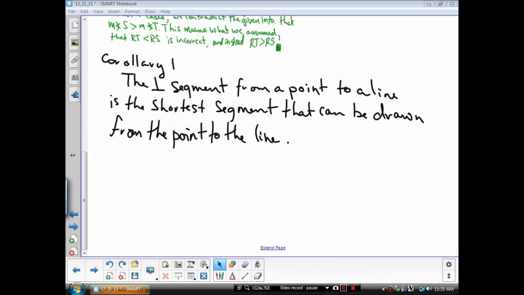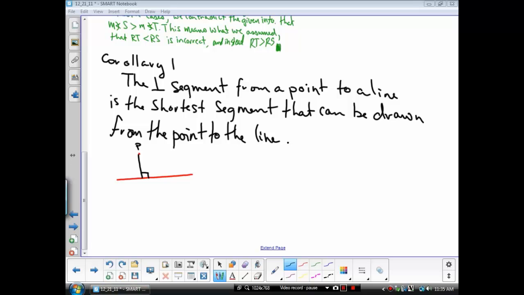So in our diagram then, let me start with a point, I guess. We have a point and a line. And we're going to be looking at a perpendicular segment drawn from that point to that line.